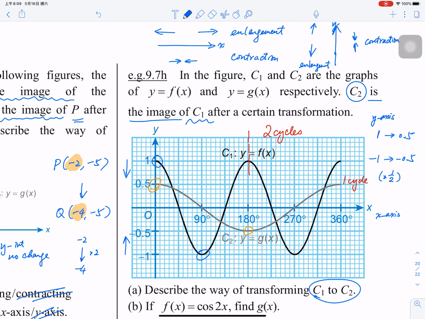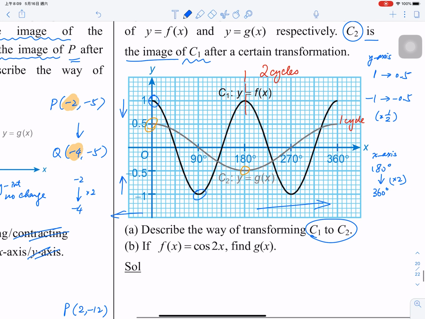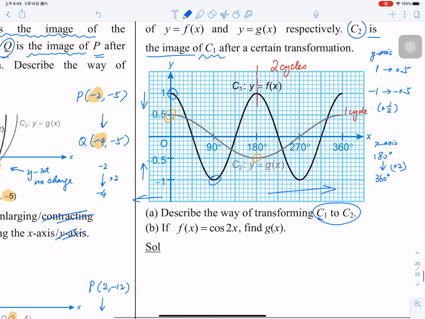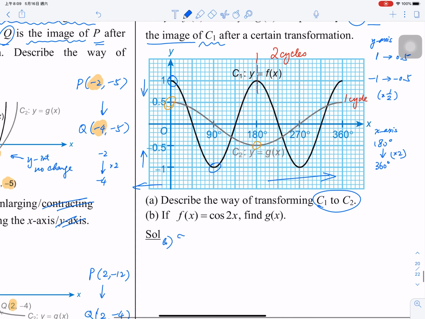So from 180 it goes to 360, that means like this, and the other side should be like this. So it is times 2. After studying the graph, we can have the conclusion now.